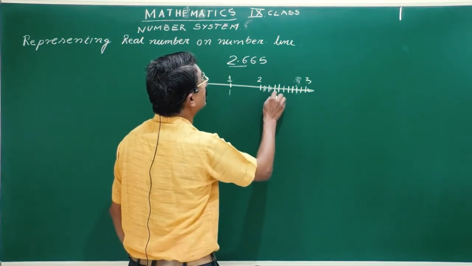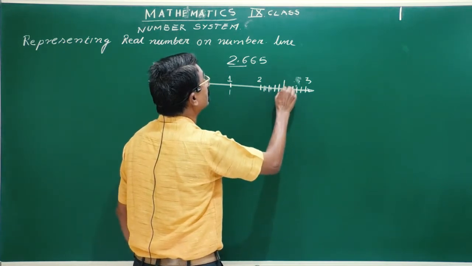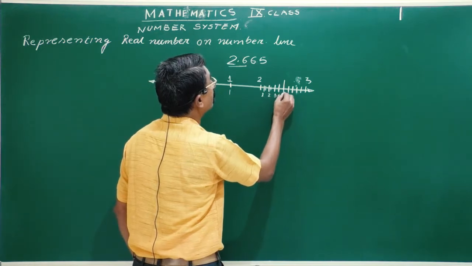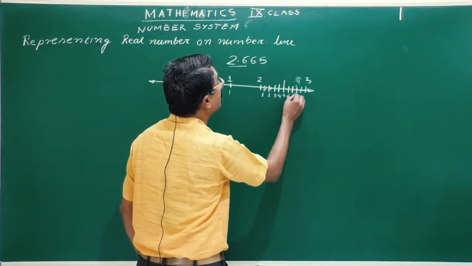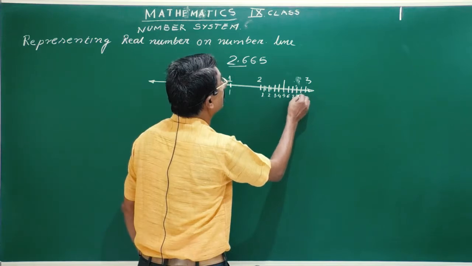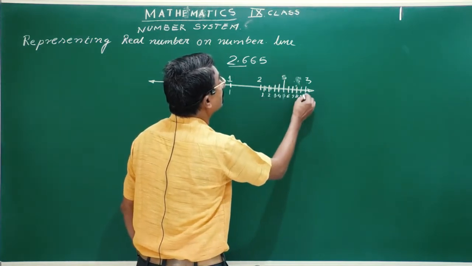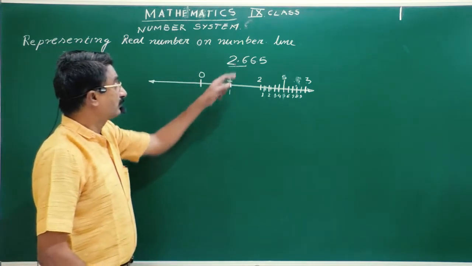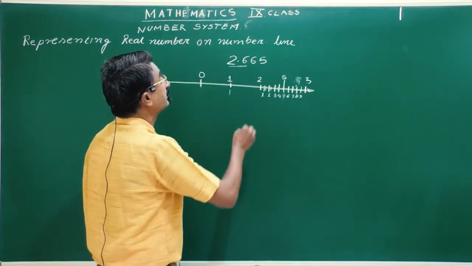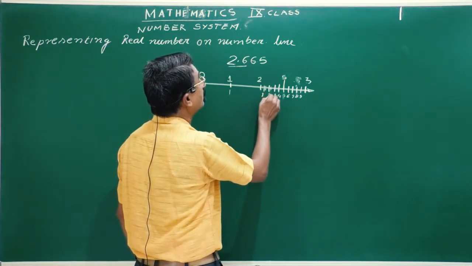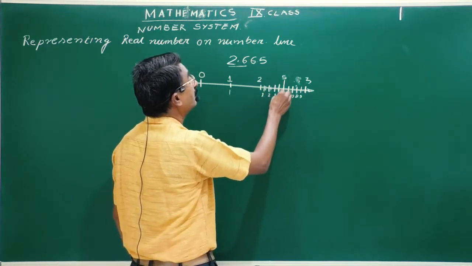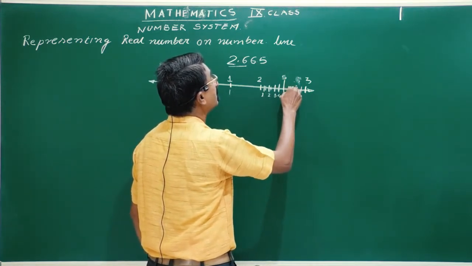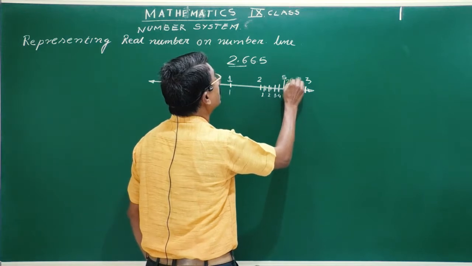Now 2.6 means 2, 2.1, 2.2, 2.3, 2.4, 2.5 and this is 2.6. Means this is the point 2.6.